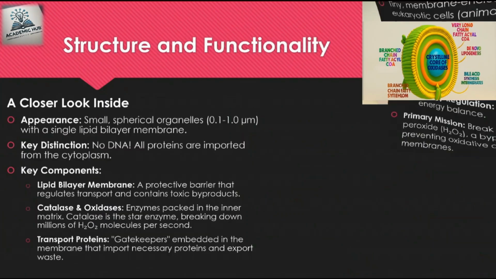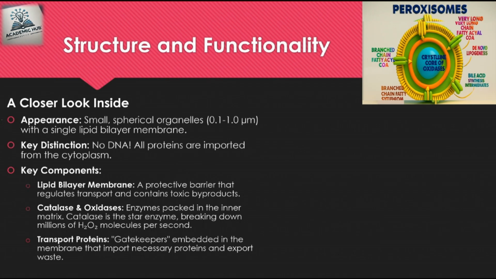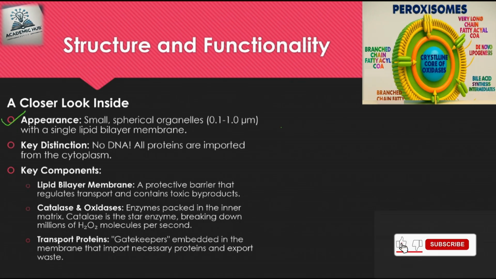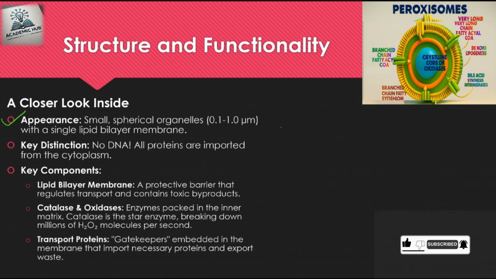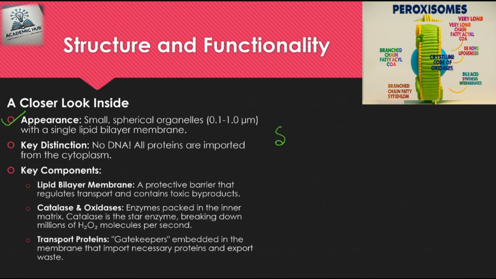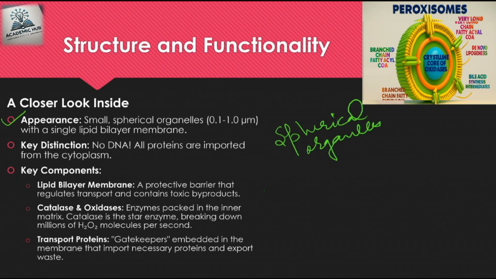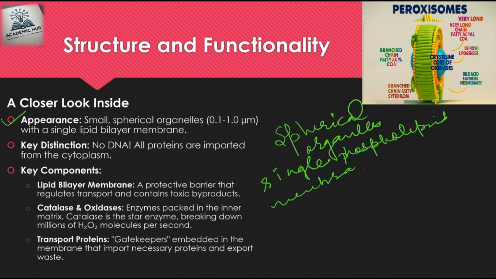So, in this way, we are trying to know what peroxisomes are and how they work. Next is the structure and functionality of peroxisomes. If we talk about their size, meaning appearance, peroxisomes typically appear as small spherical organelles. They are encased by a single phospholipid membrane, often described as a lipid bilayer membrane.